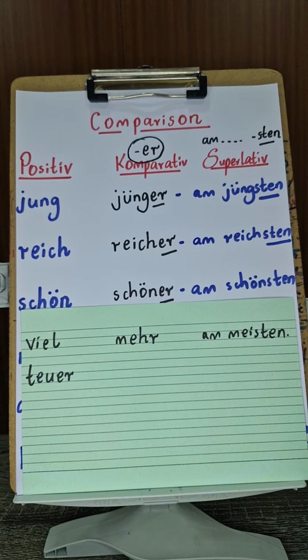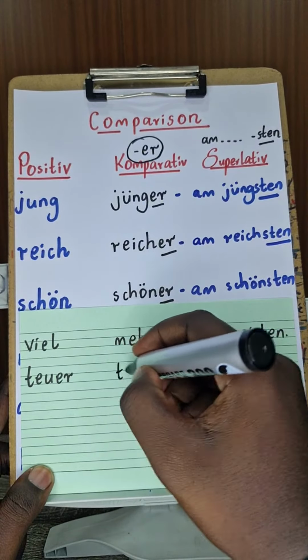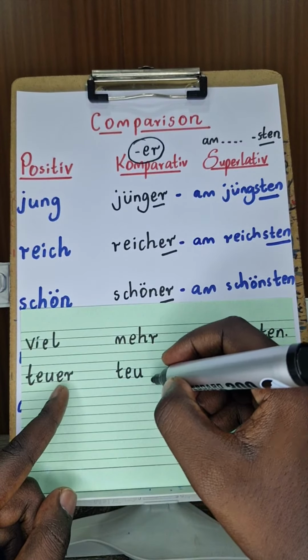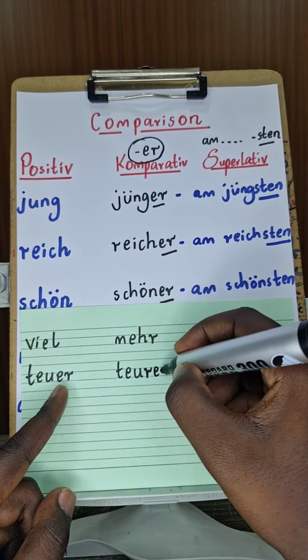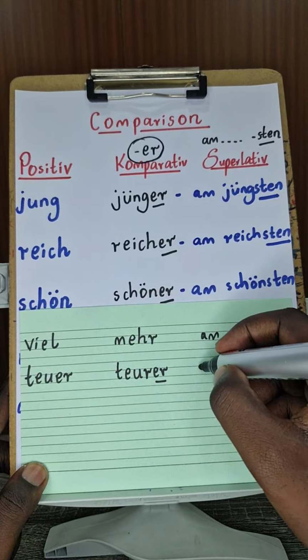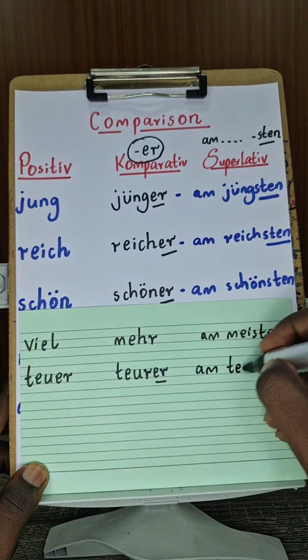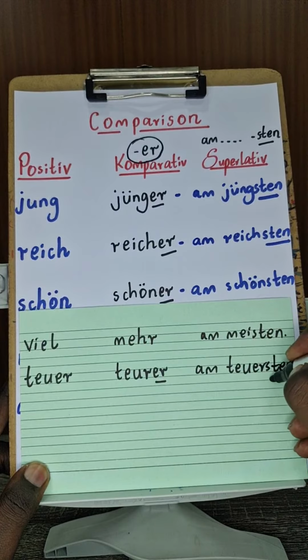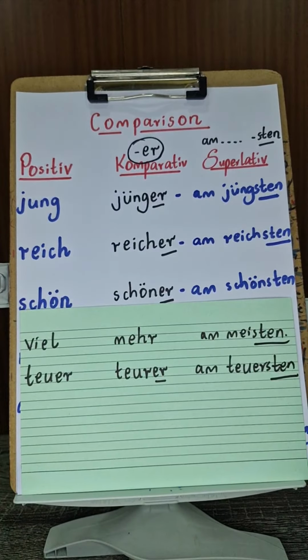When I change it in the comparative, there is an E that is going to be lost. Now the middle E is lost, right? Now you have teurer. Look at that. Teuer, teurer, and then am teuersten. Teuer, teurer, am teuersten. Right? These ones are very irregular.